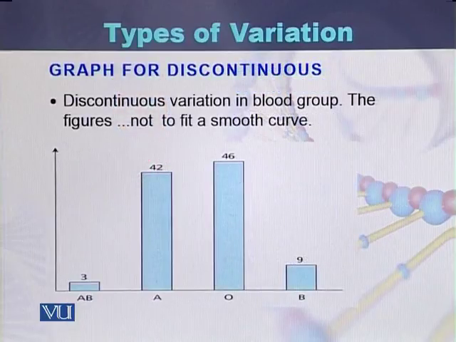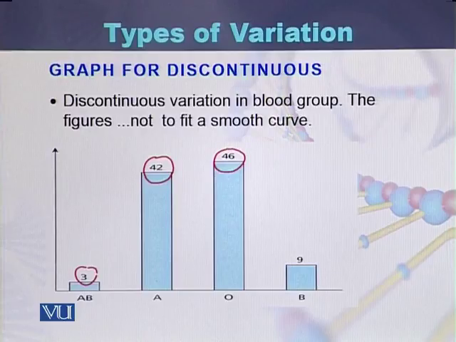If we see the graph for discontinuous variation, because this kind of variation is purely controlled by the genes, we cannot see a smooth curve. Here is the example of blood group in a particular population, where AB blood group is 3%, blood group A is 42%, blood group O is 46%, while blood group B is 9%.